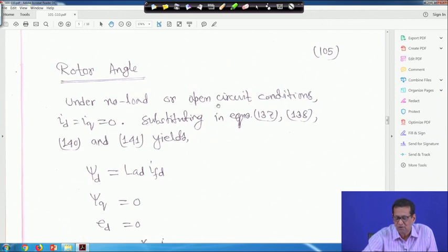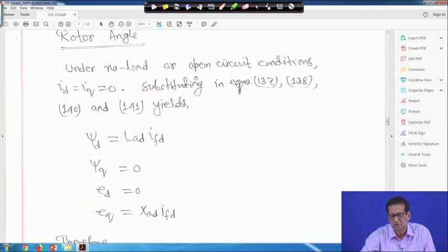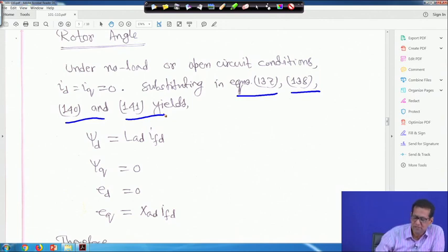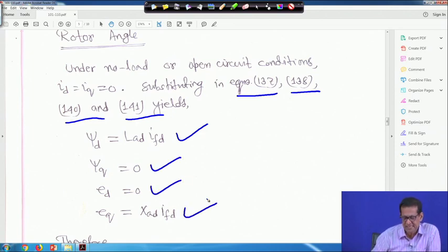Under no load or open circuit conditions, ID is equal to IQ is equal to 0, right. Therefore, substituting in equations 137, 138, 140 and 141, because under open circuit condition ID and IQ both are 0, psi d will be equal to LAD into IFD, psi q will be 0, ED will be 0 and EQ will be XAD IFD, right.